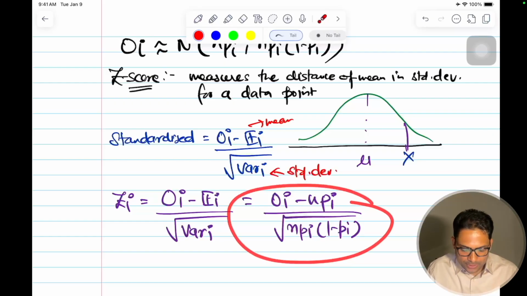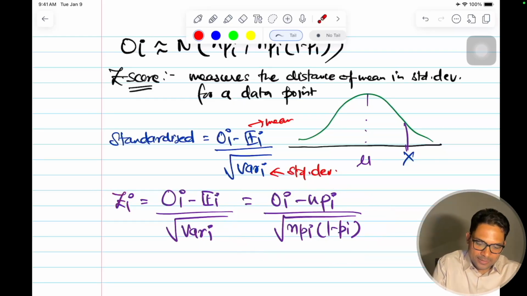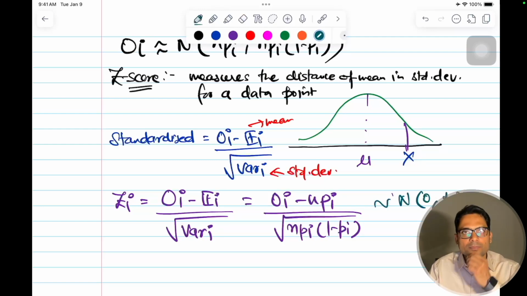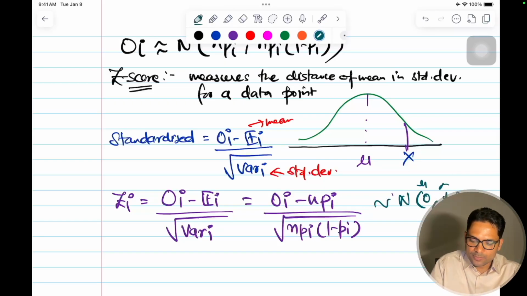But there's a catch. So this is your Zi, and since it is standardized, it will be N(0,1), mean centered and variance scaled to 1. If I divide by the variance, finally we'll get the variance as 1. This is your mu, this is your sigma square.